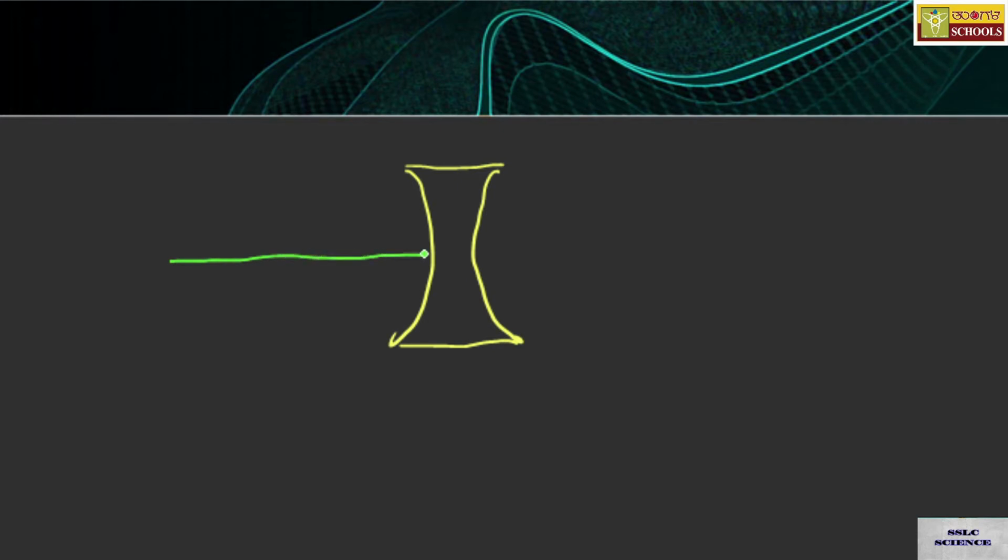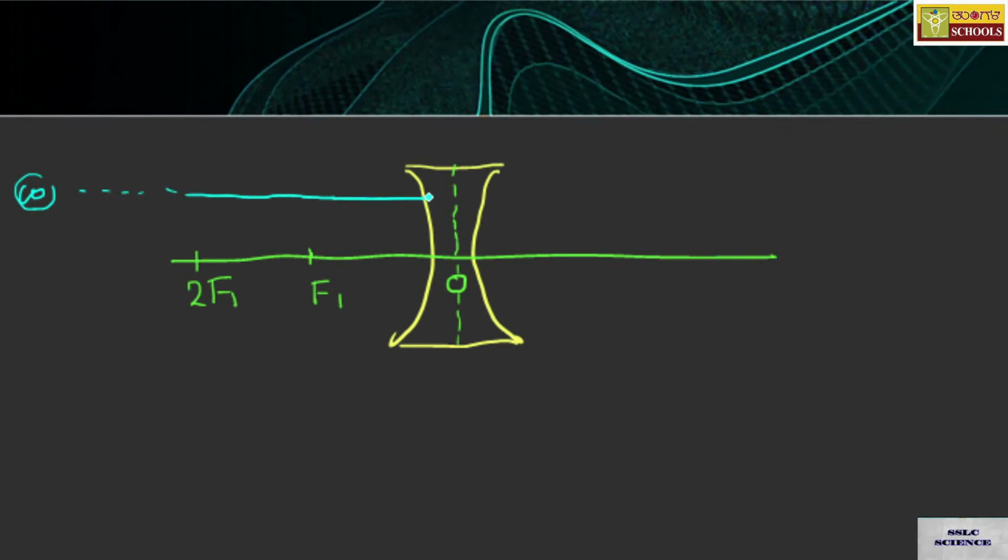Again, you go through the principal axis and mark the optic center O. So this is f1, this is 2f1. The ray of light which is at infinity, remember the object is at infinity, the ray coming from that side enters the lens.